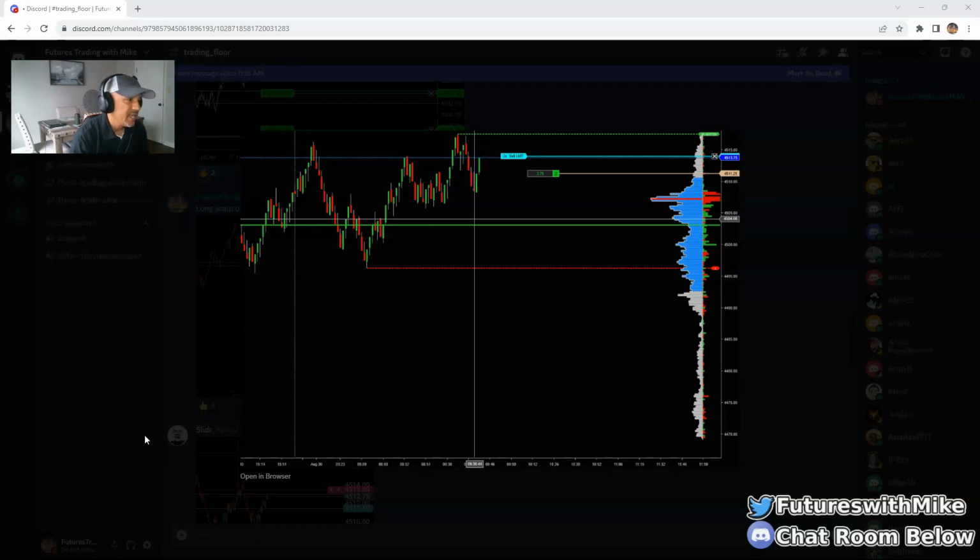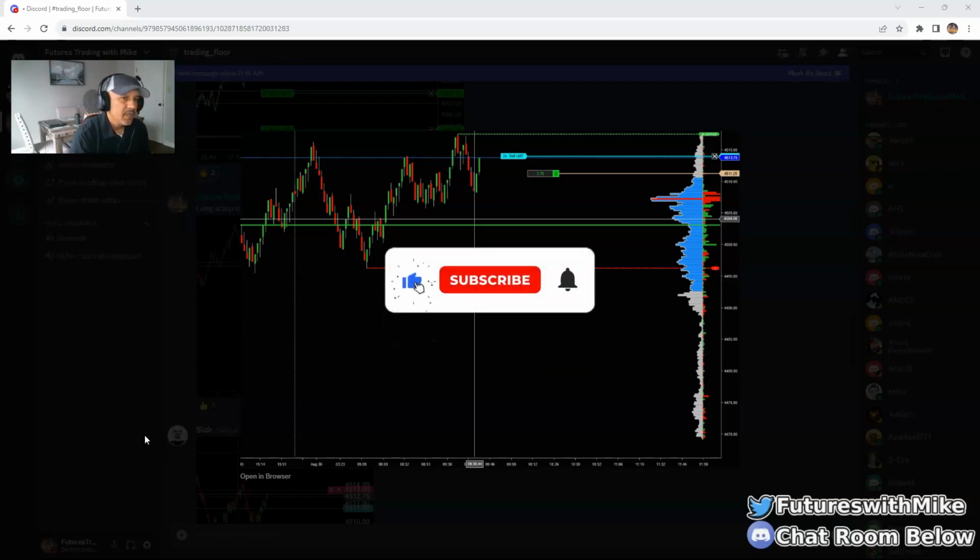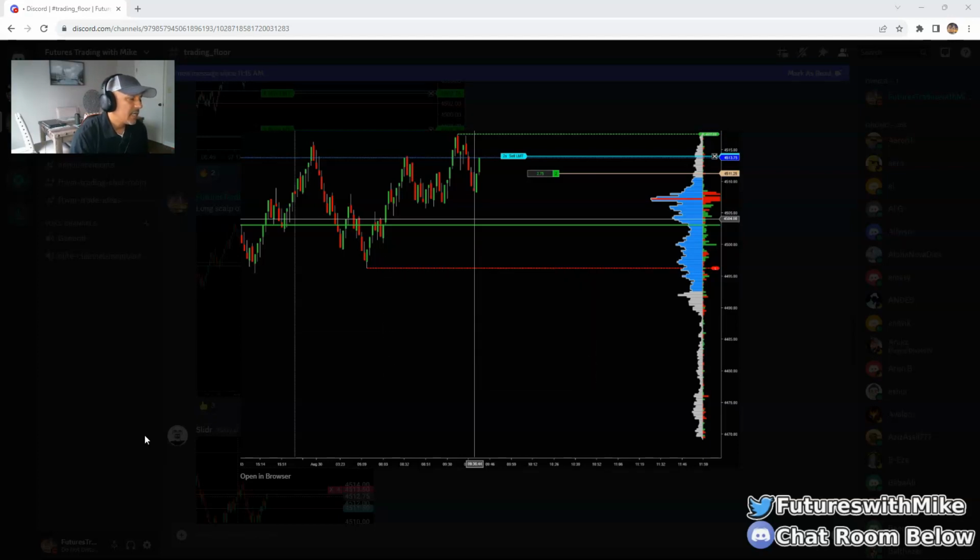Most of us trade the index futures, and that can be the Dow, the NASDAQ, the ES. I trade primarily the ES. I've been dabbling in the NASDAQ lately because I've been liking the volatility and it's been some good movement. But again, this is an ES futures trade here, going long off the E-mini S&P 500.